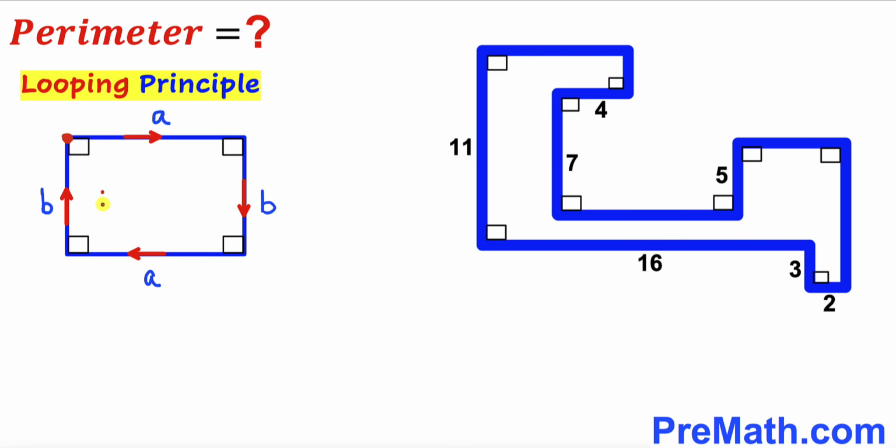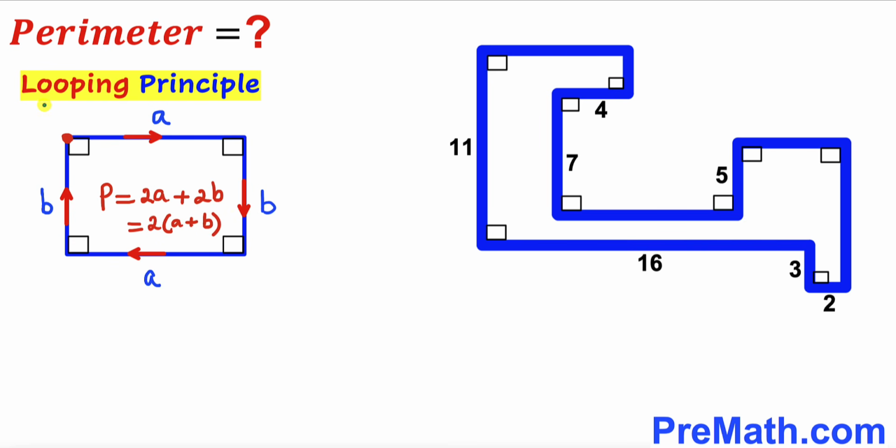So therefore, the perimeter is going to be simply a plus a, which gives us 2a, b plus b, which gives us 2b. So the perimeter is going to be 2a plus 2 times b. In other words, 2 times a plus b.